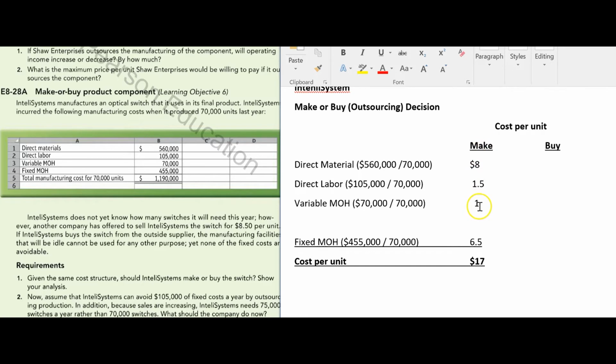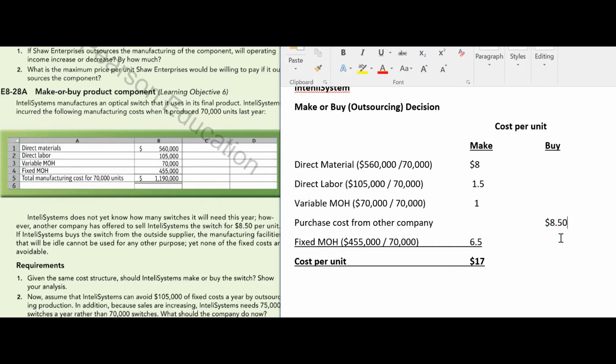Instead of spending 8 plus 1.50 plus 1, that means $10.50, they could buy it. So the purchase cost from the other company, you can write it down, is $8.50. Now remember, the assumption is that they have some facilities to make these switches, but if they buy it, they couldn't use this facility for any other purposes.